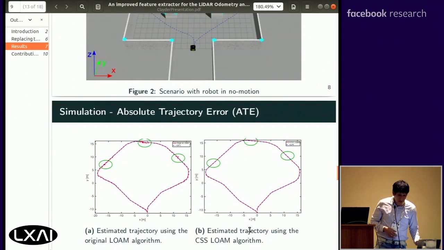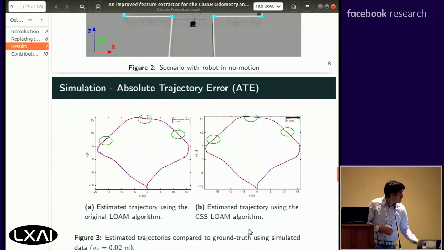An important finding happened when I used a sensor range noise equal to 0.02 meters in the LiDAR sensor.